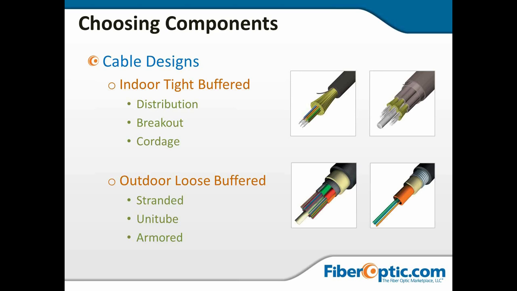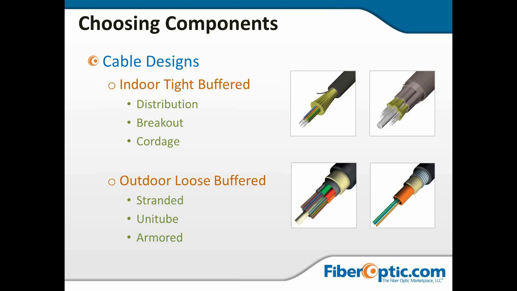Instead of having 24 patch cords running from room to room, you can have one breakout cable, and terminate that on both ends and have all of the strength and protective capabilities of the individual patch cords just bundled up into a neat package.